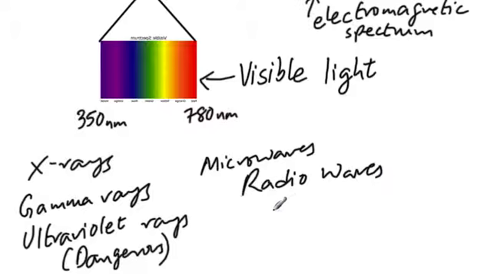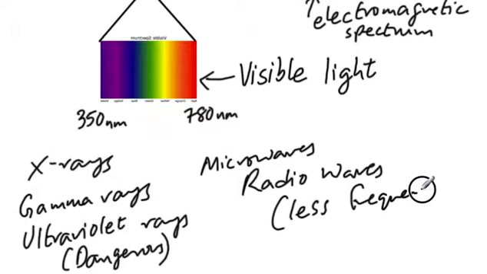Other waves, for example, like microwaves and radio waves, they're all around us, but they're not as dangerous because these are less frequent. So we don't have to worry about them so much.